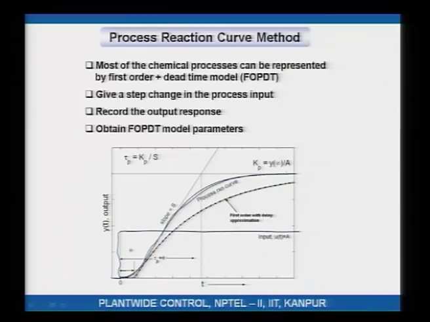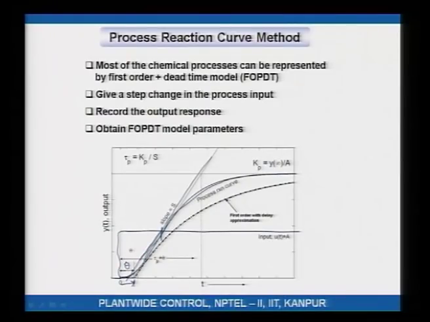Now, you take this output response curve, find out the inflection point in your S-shaped curve, and draw a tangent at the inflection point. So, this is the inflection point and you have drawn a tangent at that inflection point. This tangent intersects the time axis here, then what you say is, this is my dead time theta.